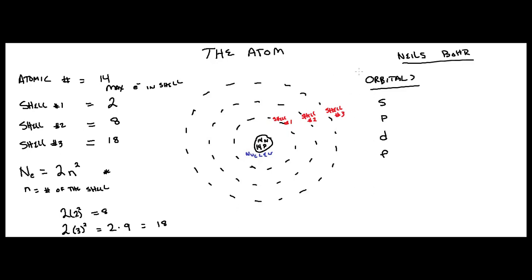So specifically, each orbital has a maximum number of electrons it can hold, right? So if we come over here, the max electrons in an orbital: s is going to hold 2, the p orbital will hold 6, the d orbital will hold 10, and finally, the f orbital will hold 14.